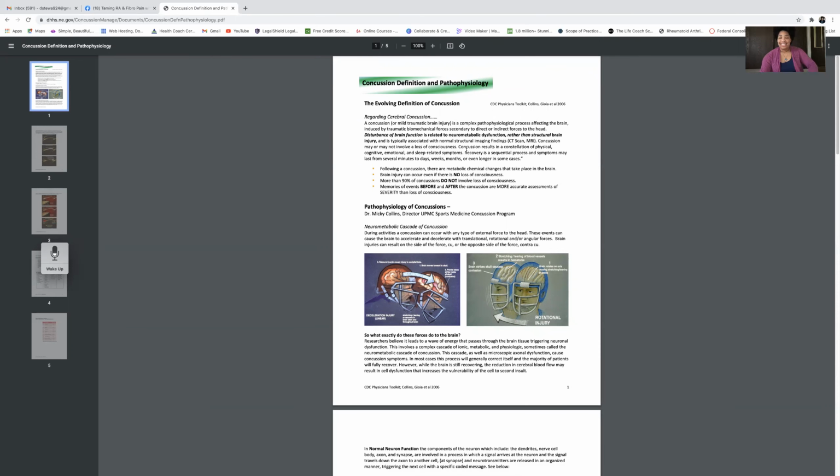So according to the CDC, a concussion is a mild traumatic brain injury, but it's a complicated one and still can be very serious. And what usually happens when you get a concussion is that it causes those different symptoms like confusion, headache, things like that.